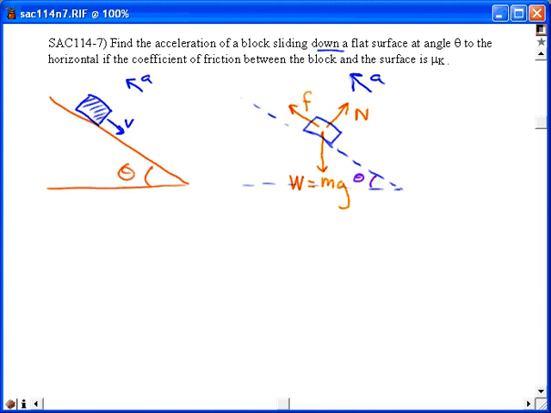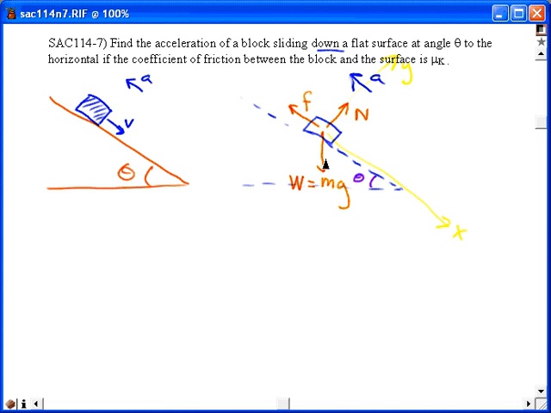So I am going to call the down the ramp direction the x direction. Let's go ahead and label that on there. We'll call this the x direction, and the perpendicular to the ramp direction the y direction. And that'll be the coordinate system I'm going to work in.